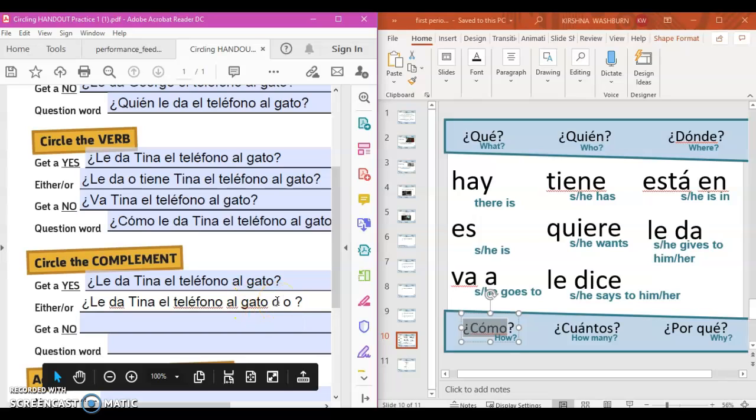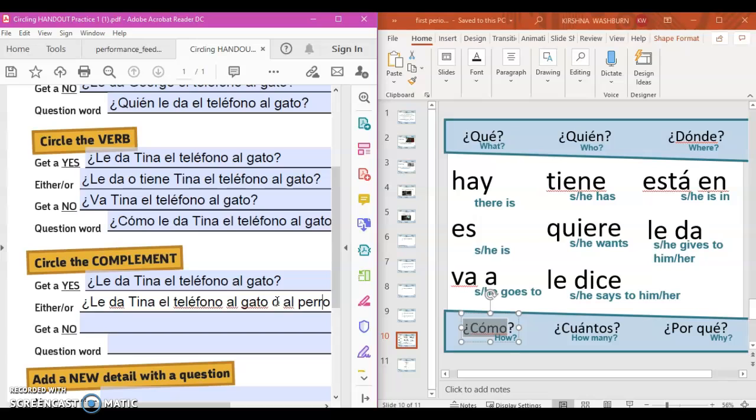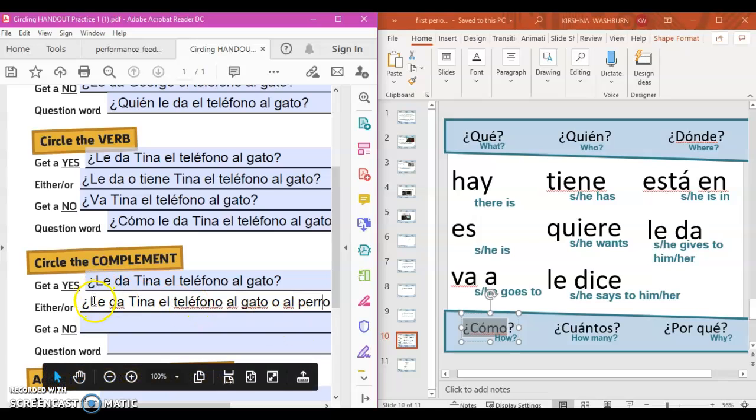O al perro. Okay. So I'm asking, does Tina give the phone to the cat or to the dog? Now, I'm not looking for perfection here, so please don't feel like you have to write a perfect question. If there are mistakes, that's great. I love mistakes. It's awesome.